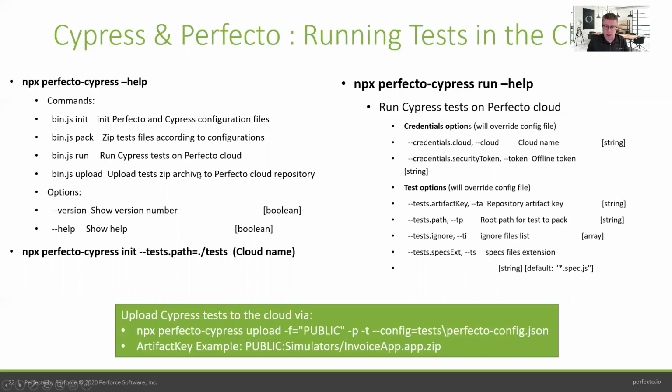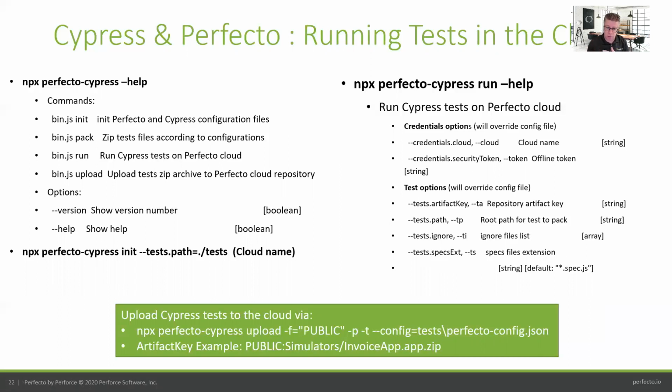The only thing that you need once you install the package is to create the Perfecto config file, which is in JSON, put the demo cloud URL and the security token, and you can run it either through a cloud repository. You can actually upload a zip file like this one into the Perfecto cloud and run it as a parameter, or you can run it against a specific test spec, if you like, with a -ts alias, and just specify the test that you want.